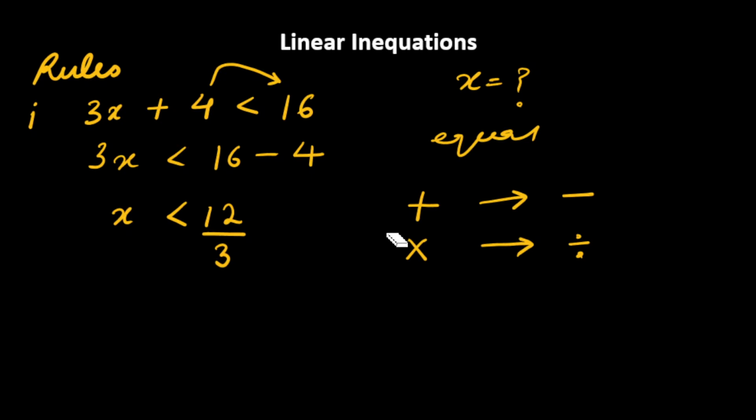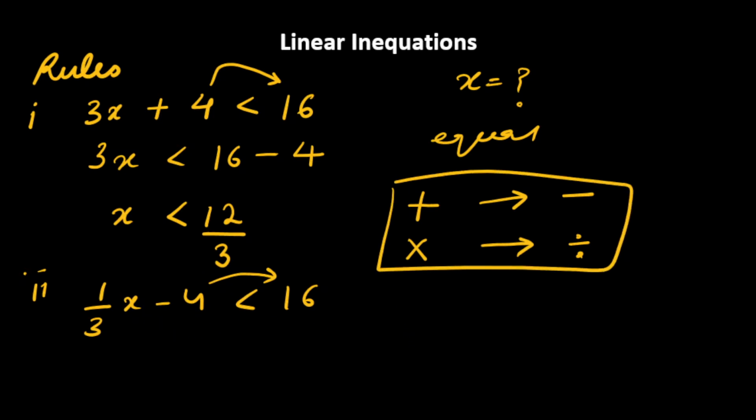Now second one, from here itself I'll explain. If I have something like this, 1 by 3 x minus 4 less than 16, and I have to find the value of x, 4 I will shift to the other side. Here negative 4 is there, and when I shift it to the other side, it will change to positive 4. So 16 plus 4.